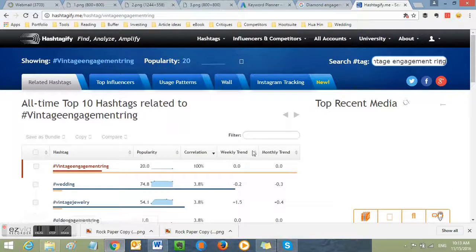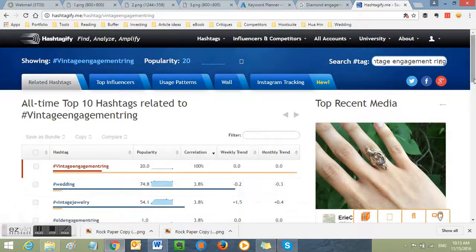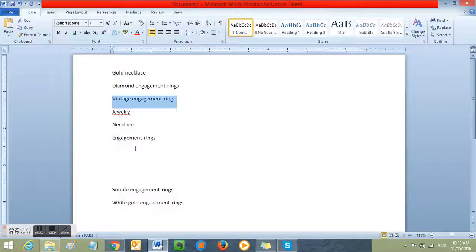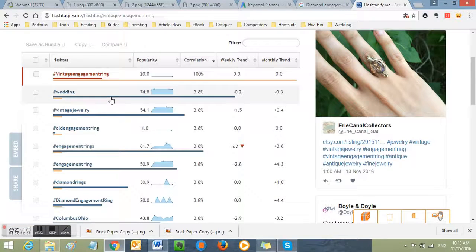Okay, it changes. Wedding, good trending hashtag on our list. Is it wedding or weddings? To check. No, wedding, vintage jewelry.